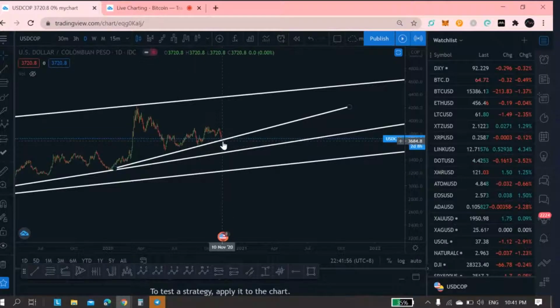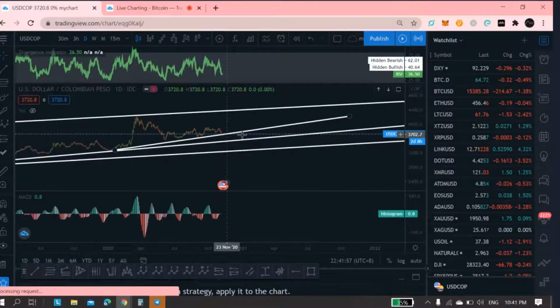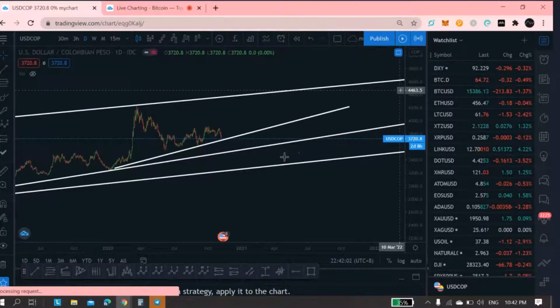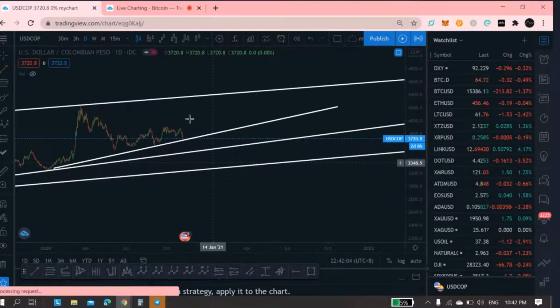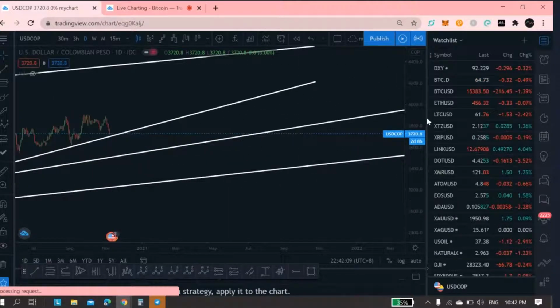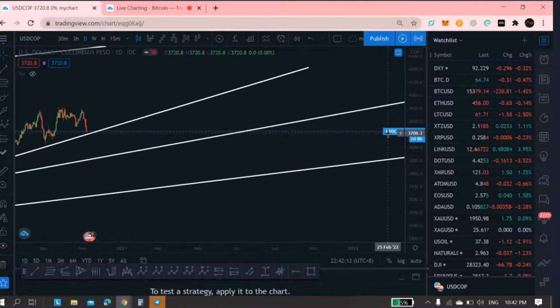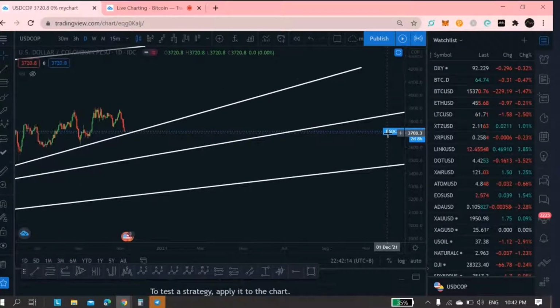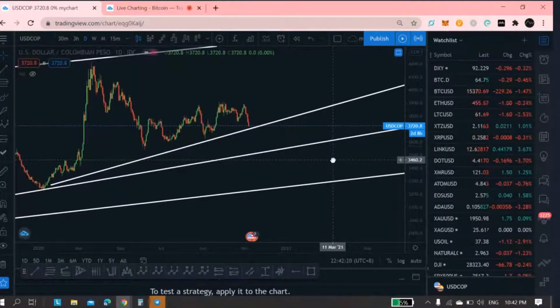However, it could actually break this down. There's 1, 2, 3, 4, 5 bearish candles.